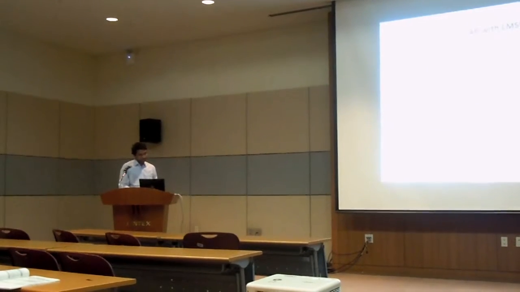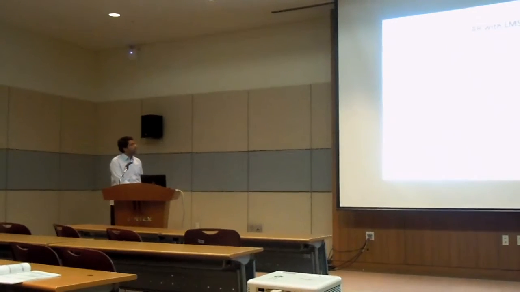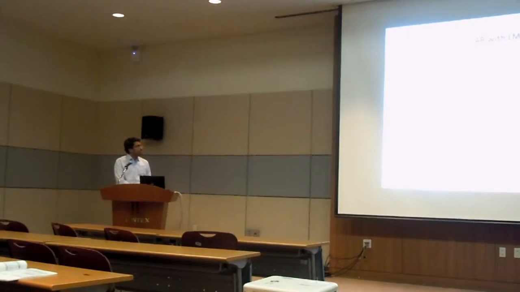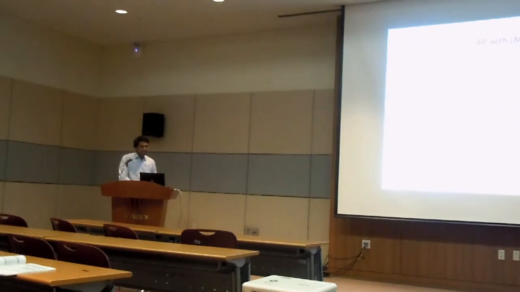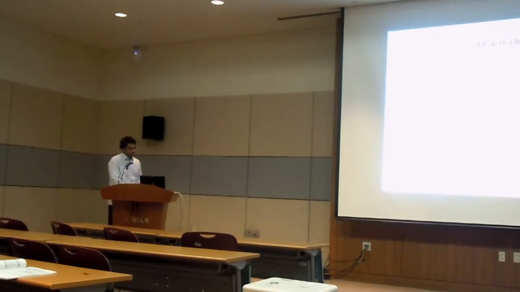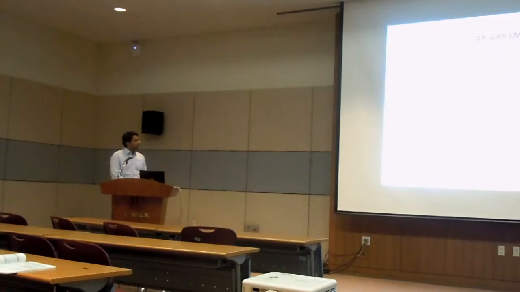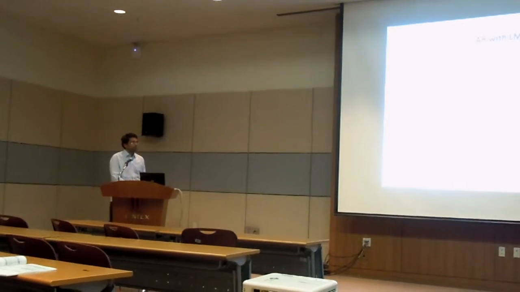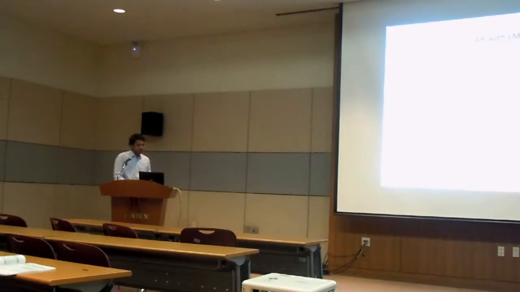Okay. First we use AR with LMS. We all know that LMS, the least mean square algorithm, is an adaptive algorithm which relies on the gradient-based steepest descent method, and its update equation is shown there. In real-time implementation, LMS is very useful because its computational complexity is very low compared to other algorithms.